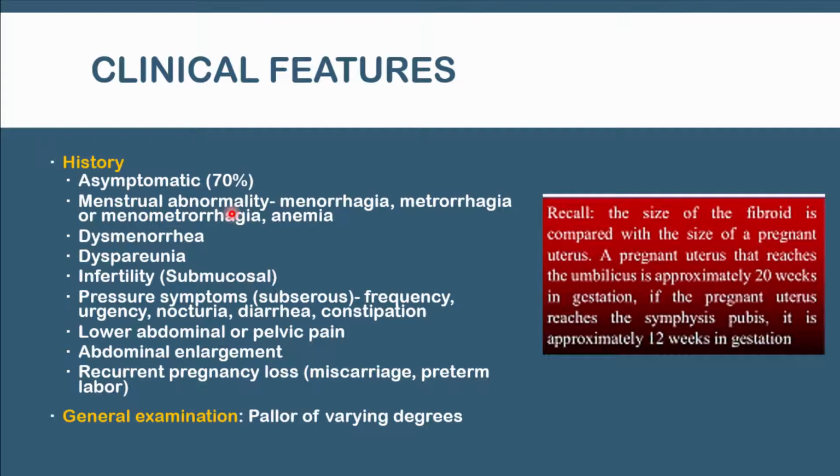Then you may also get dysmenorrhea, which is pain associated with menses. You may get dyspareunia, which is pain associated with sexual intercourse. You may get infertility, especially common with the submucosal fibroids. Because the fibroids are actually within the cavity of the uterus, it impairs the transport of the sperms up the uterus during the process of fertilization.